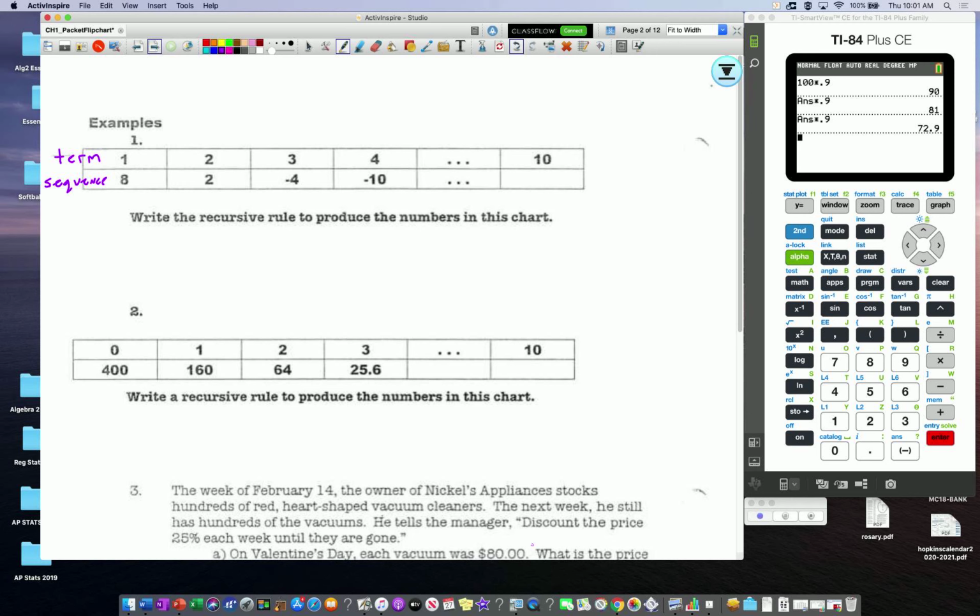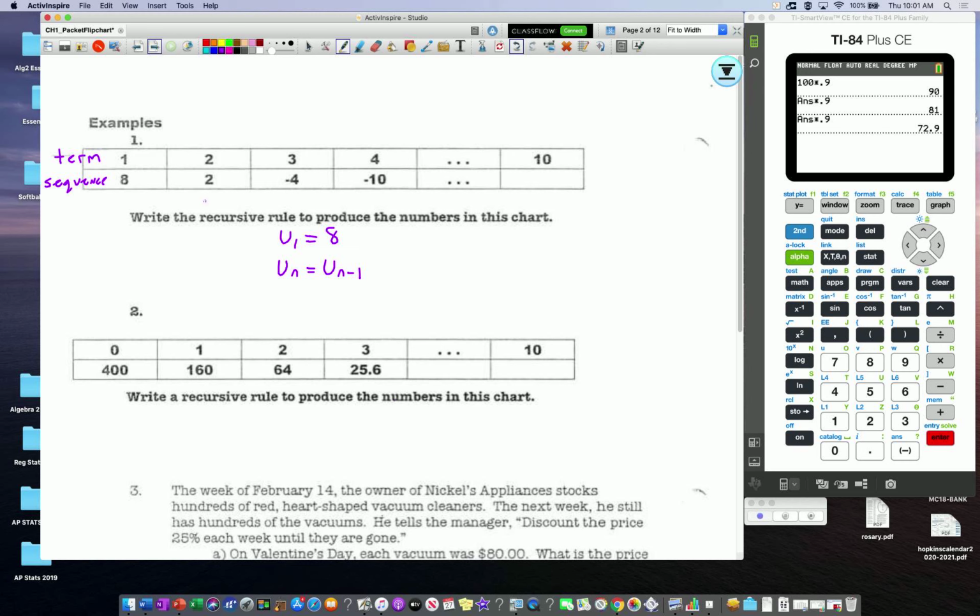So in this case, what's nice is you could say u sub 1 equals 8. The first term was 8. So now I'm going from 8 to 2 to negative 4 to negative 10. Wow. So now I can start by saying u sub n equals u sub n minus 1. Now I got to figure out, is this arithmetic or geometric?